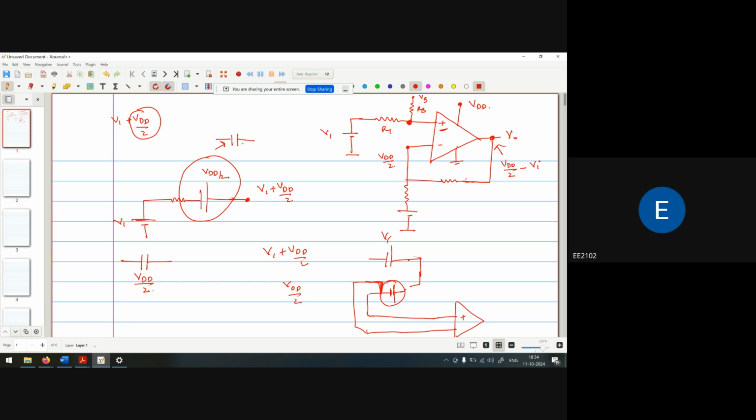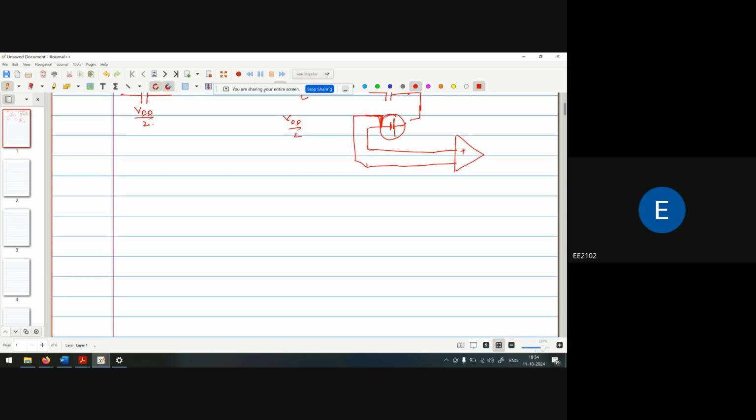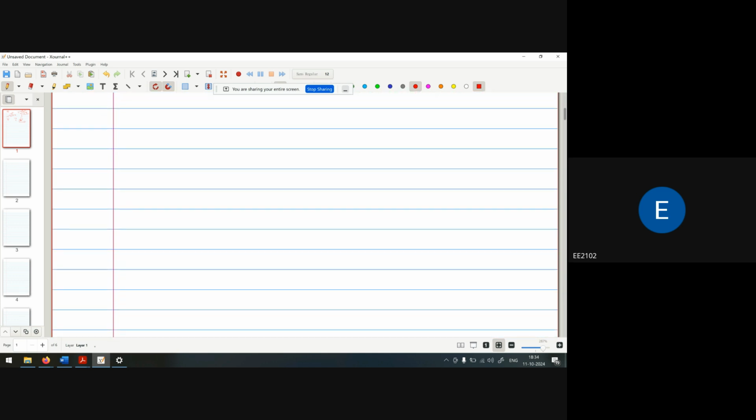Now, what the professor says is that the value of capacitor C should be set in a way that the voltage storage time is high.